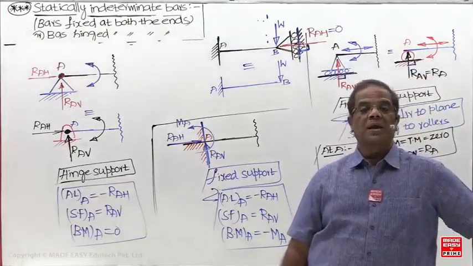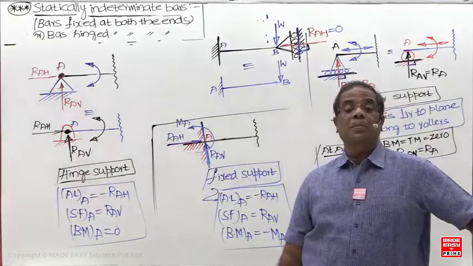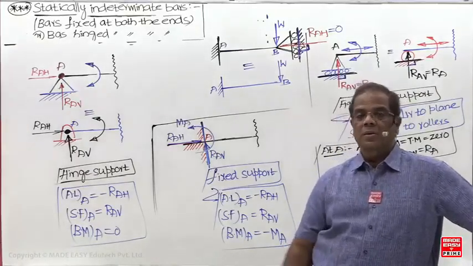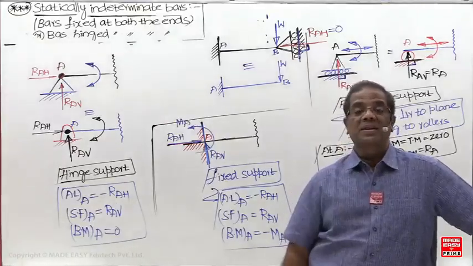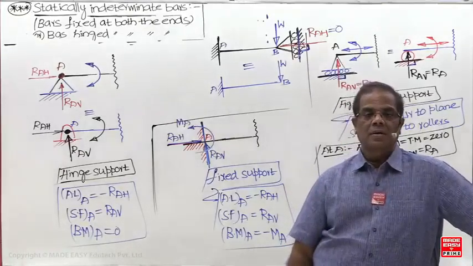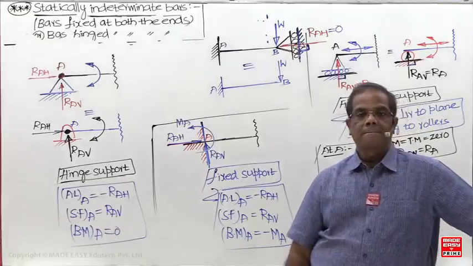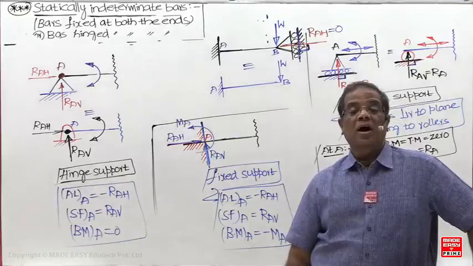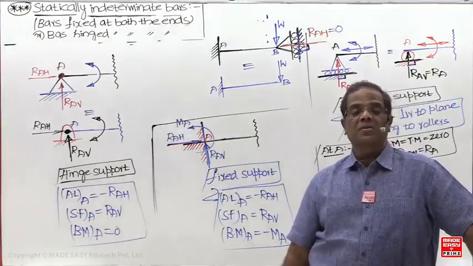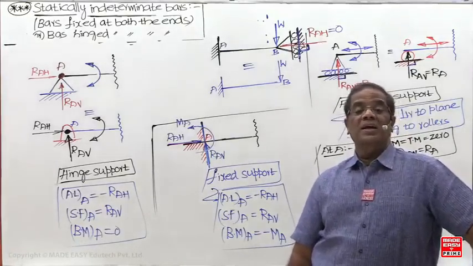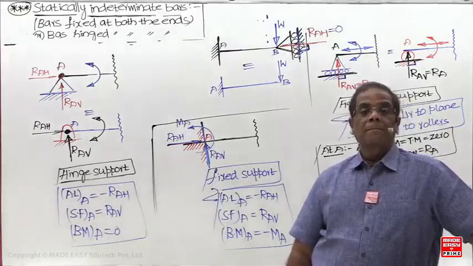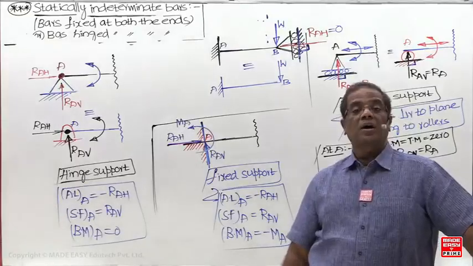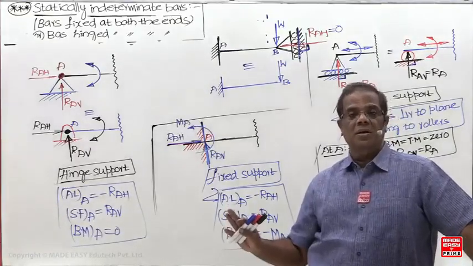Now the question will be: at roller support and hinge support, is the bending moment 0 or non-zero? At roller and hinge supports, is the bending moment 0, or the moment reaction 0, or both are 0?